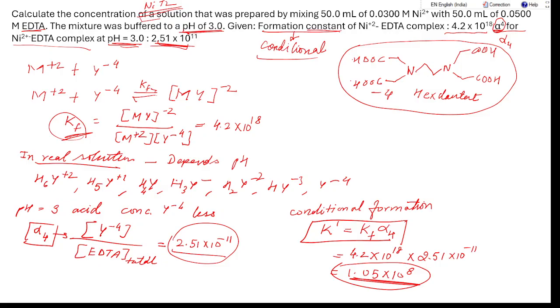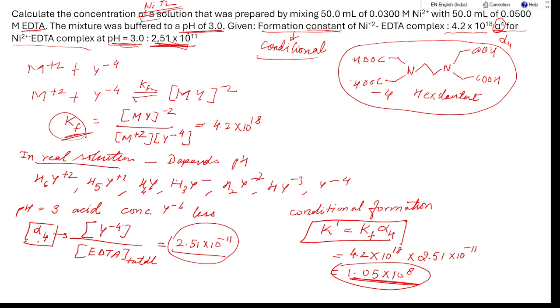Because this is the real situation and the condition is changing, it may be possible that only a small fraction of EDTA is converting to Y minus 4. So we need to calculate the fraction of that molecule, which is represented as alpha 4, and it is also given to you in the question.